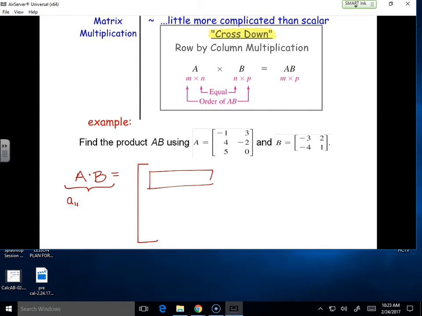Let me name this C, because we have A's and we have B's. We'll say C11. It's going to equal A11 times B11 plus A12 times B12. And this is all for this little guy right there.